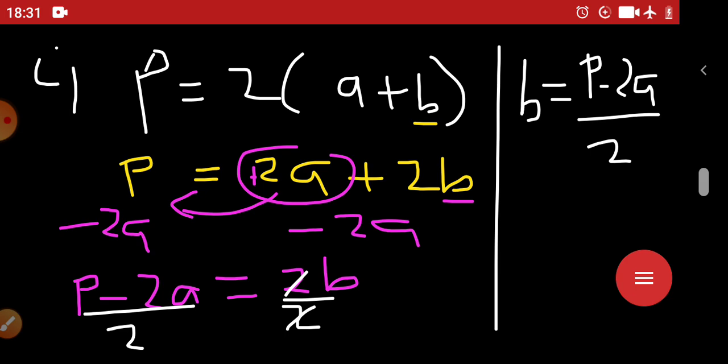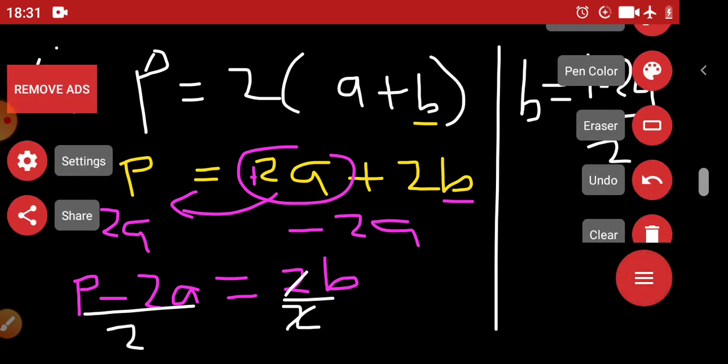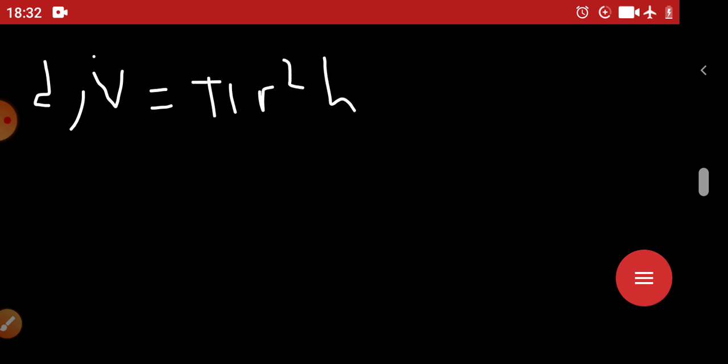Maybe let's go to D, I think D will be much quicker. So in D we have V is equal to pi r squared h. We are required to make h the subject of the formula.